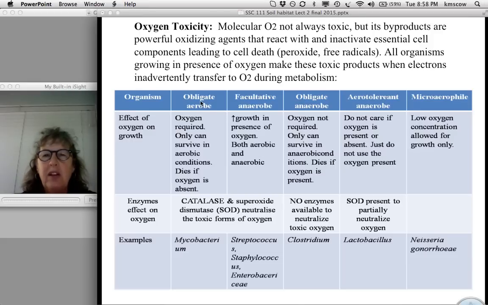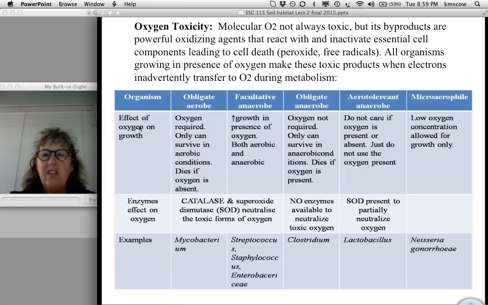So we're going to look at some different groups of organisms, and you remember these terms: obligate aerobes, facultative anaerobes, obligate anaerobes, and also you remember the microaerophilic organism, an organism that uses only low concentrations of oxygen.